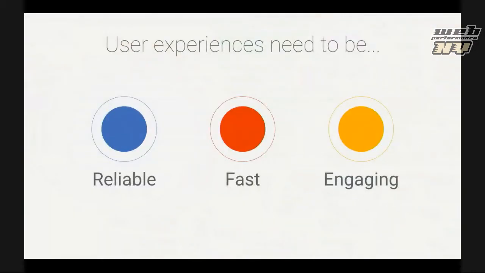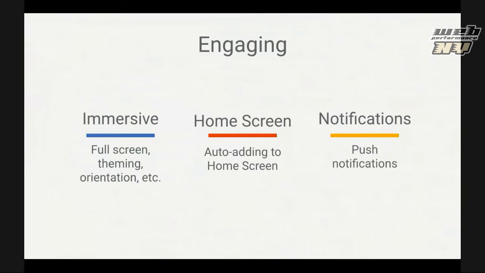And finally, a great user experience really needs to be able to engage users. And there's a few different things we could do here. It needs to feel immersive. So we need web apps that give developers the ability to remove the URL bar to create a full screen experience if that's what's right for your web app.